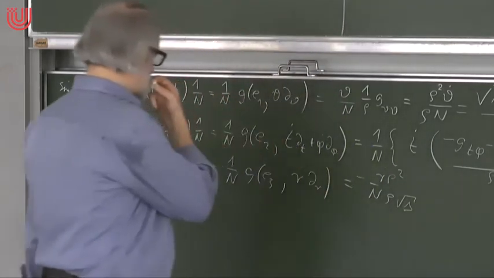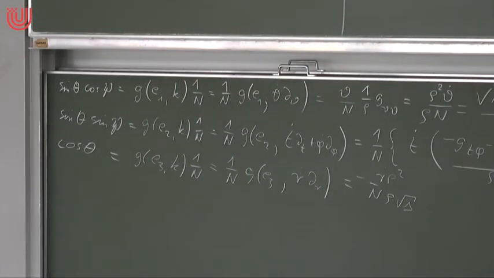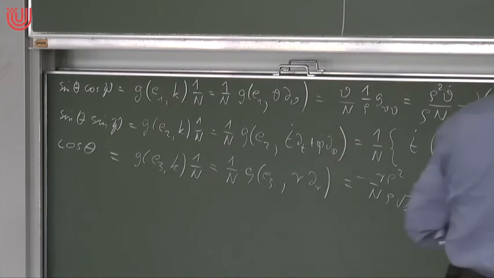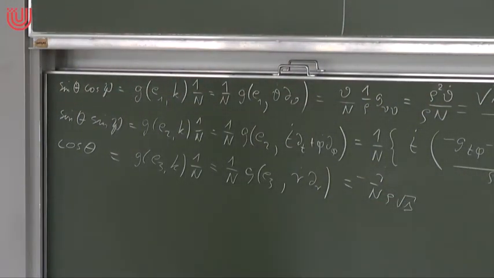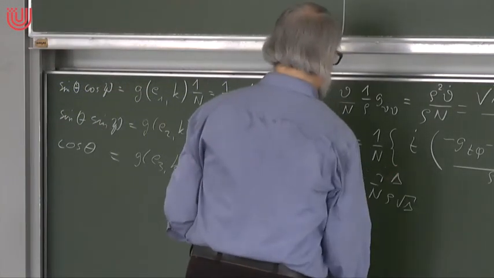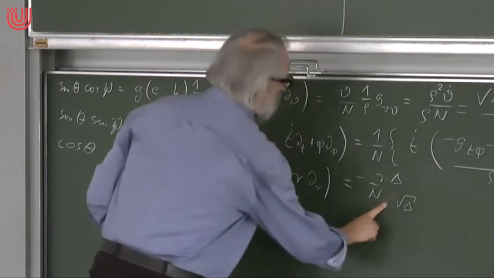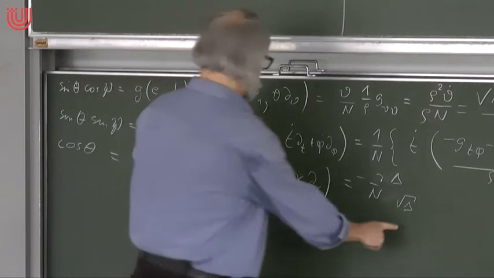Wait a minute. GRR must be the square of the inverse. Must be delta over rho squared. Oops, do I really have a rho squared in the denominator? Oh wait, no, this rho is wrong. Look, E3 is minus rho divided by rho delta.